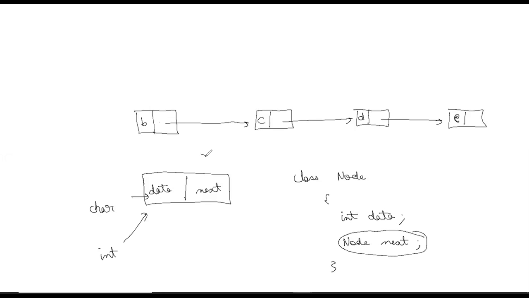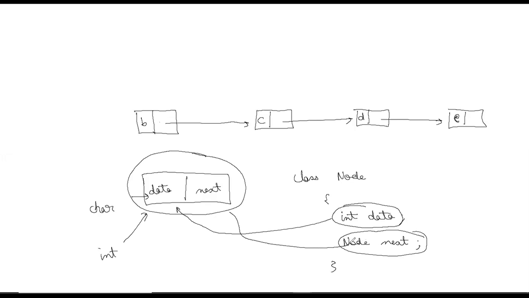Because each of these nodes is represented like this. So we have a class and each object. I hope class and object concepts are clear to you. If they are not, I will explain them in the next lectures. So this is int data in the class, and this is the address of the next node. This is how to represent our linked list in a class in a program.